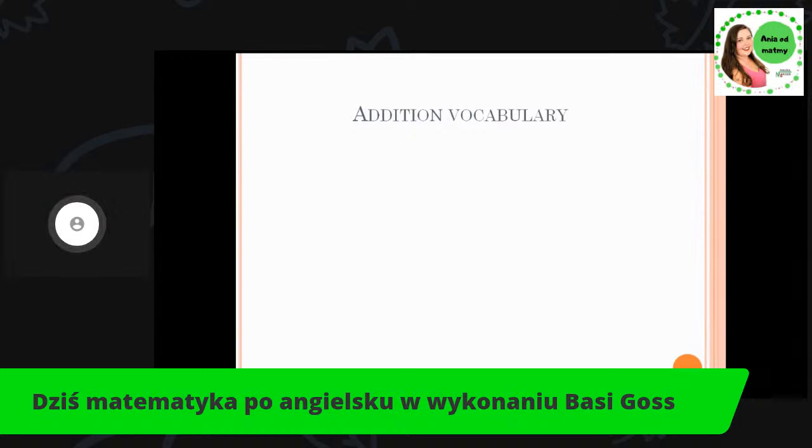So let's see if we have improved our vocabulary for addition. Do we know more words now than at the beginning of the lesson? At the beginning, we had add, plus, and, more.